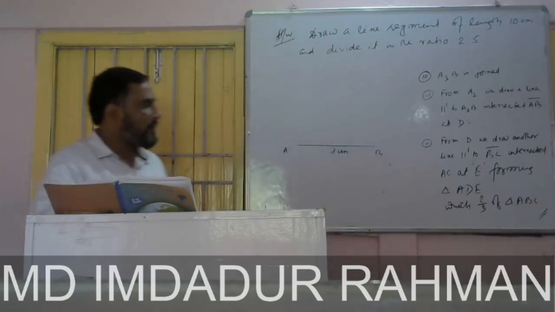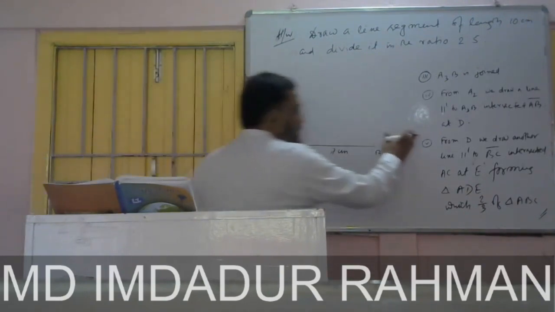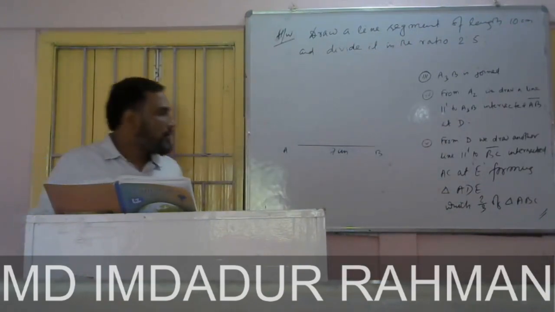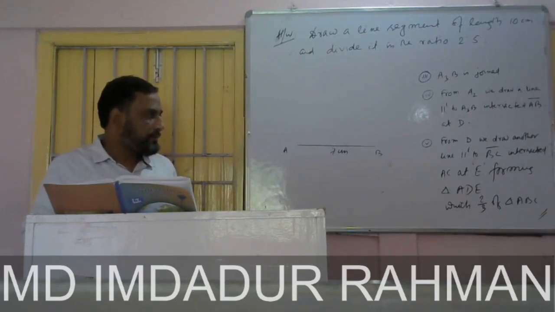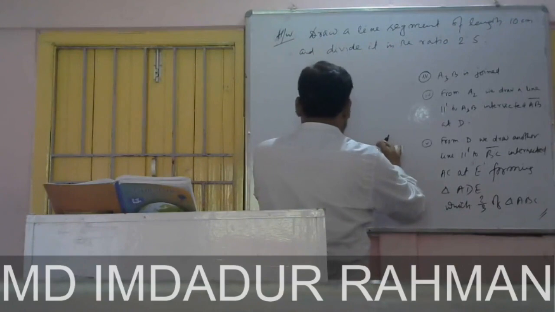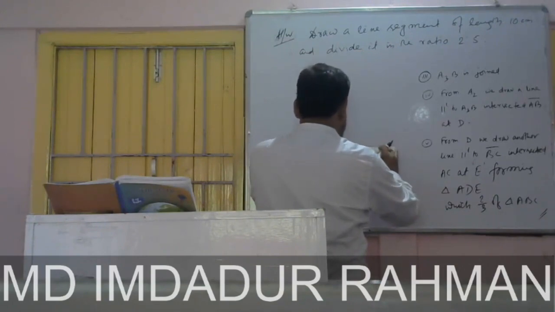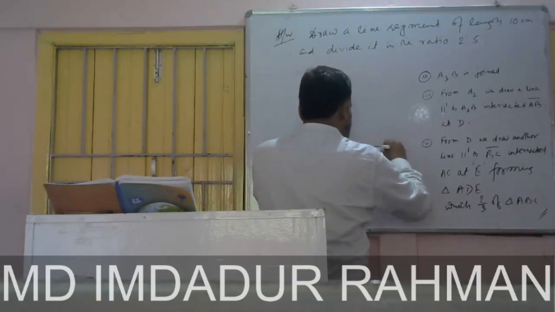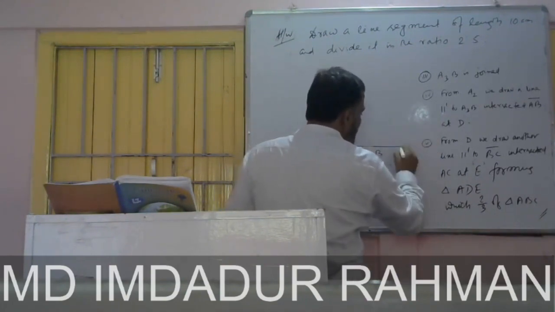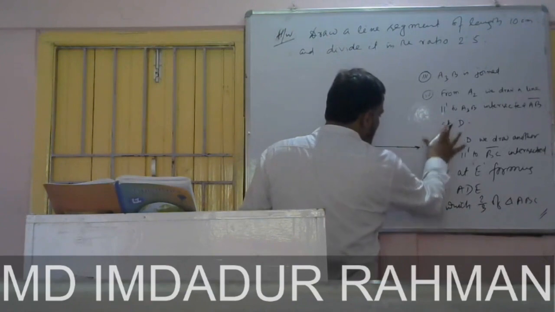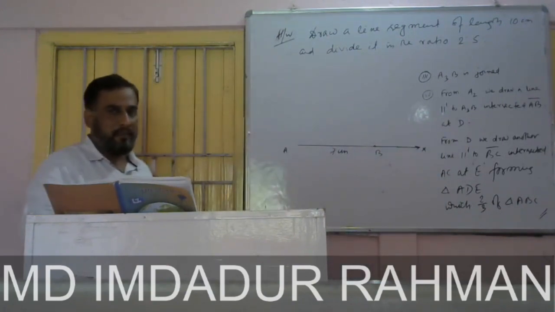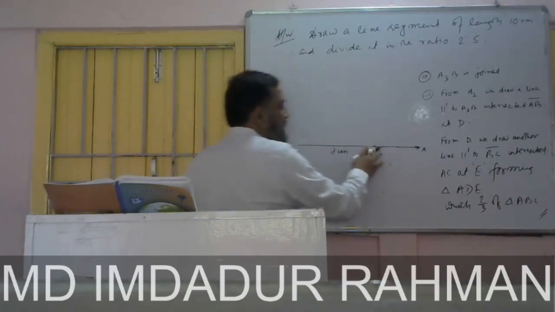Here some space is required because we have to extend it. So it will be better if you draw a ray AX and mark here B of length 7 cm.